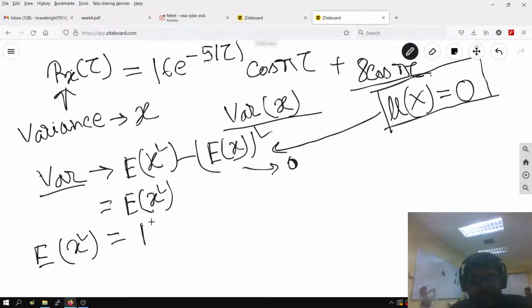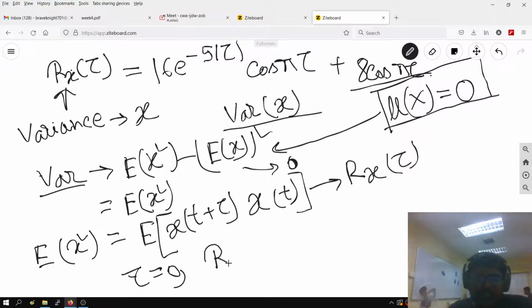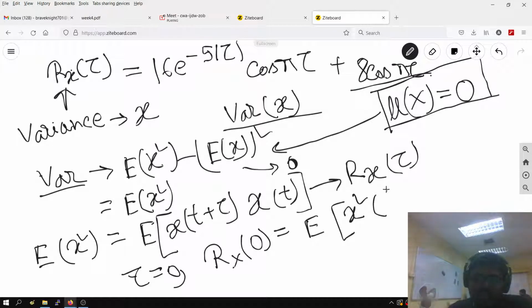This can be written as expected value of x(t plus tau) into x(t). What is this? This is the autocorrelation function Rx of tau. Now if we put tau equal to 0, then Rx of 0 equals the expectation of x squared t.